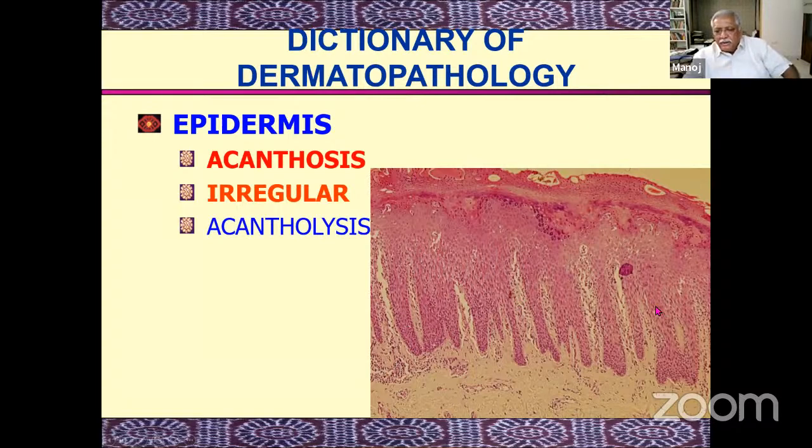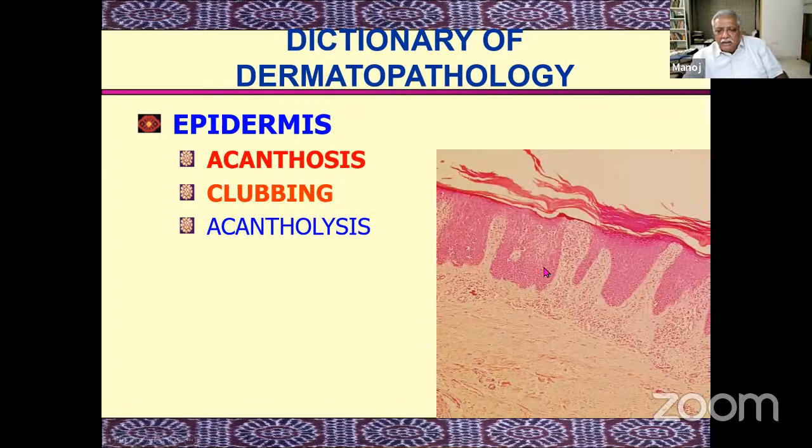But it seems regular. There's a lot of inflammation going on, and it seems as if the inflammation is going into the epidermis also. But all these rete ridges are about the same size, same depth, regular. Again, regular. Even though these are two which are fused together. These are 1.5.